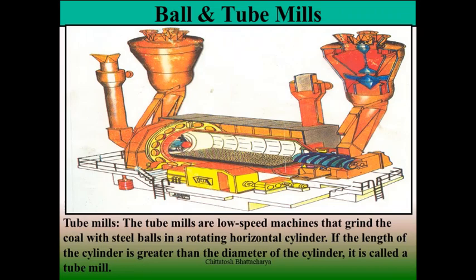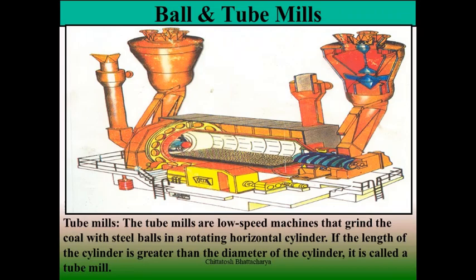When the coal is introduced, mostly impact and crushing load pulverizes the coal. Actually, the internal surface of this cylinder is fitted with wire plates, and between these wire plates and the balls there is continuous friction. Due to this friction, crushing and attrition take place.